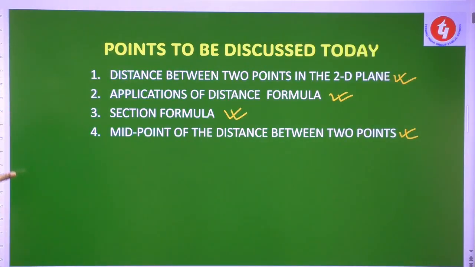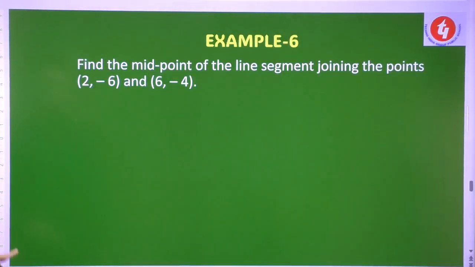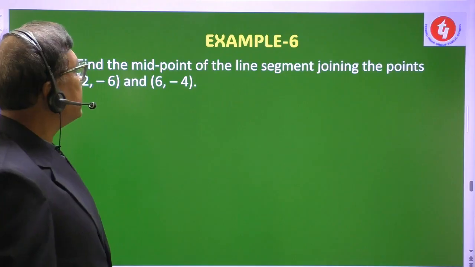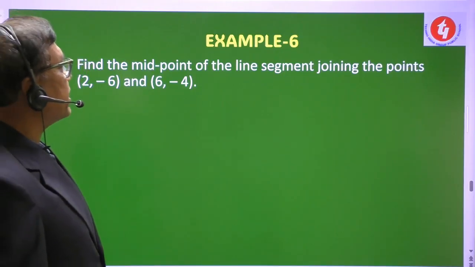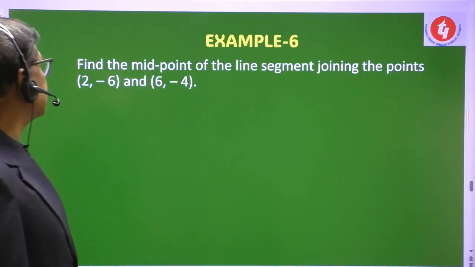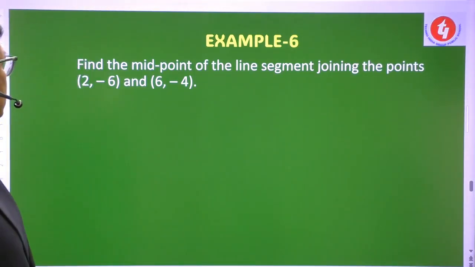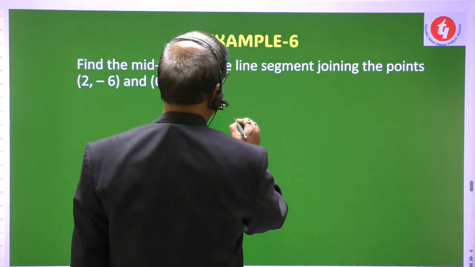Now I'll discuss a few sums, that is example number 6. Find the midpoint of the line segment joining the points (2, -6) and (6, -4). Is it clear?